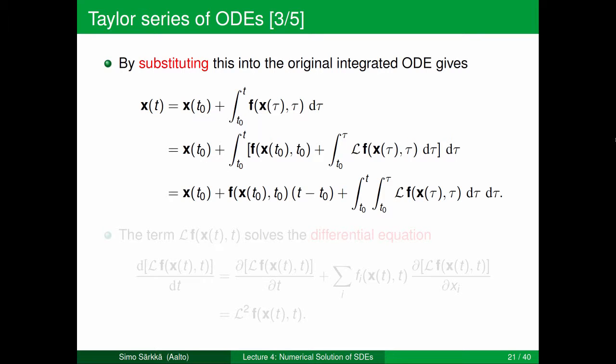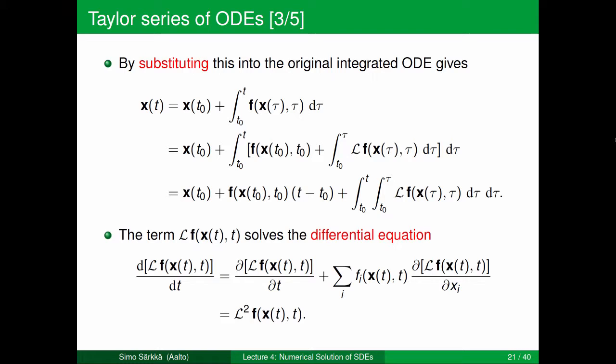From the second term we get a double integral, where the first is from t0 to t and the second is from t0 to tau, and the integrand is the linear operator L applied to f of x tau, tau. And again we can use the same trick on the integrand on the right hand side.